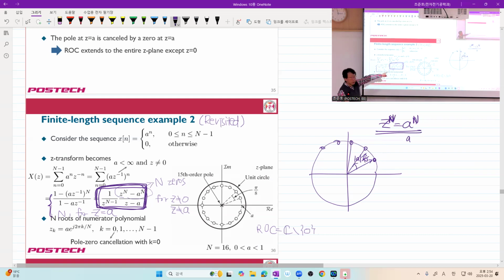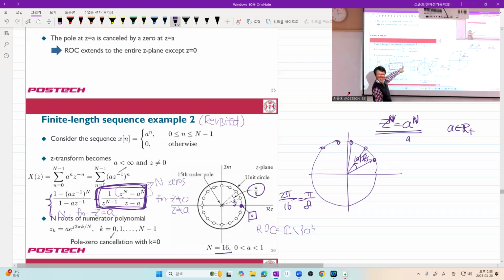Now, in this example, we assume A is real, positive. So here, this point is A. That's why the textbook starts from here, and this one is 2 pi over 16, which is pi over 8. Got it? So at every pi over 8, you have the zeros of that one.